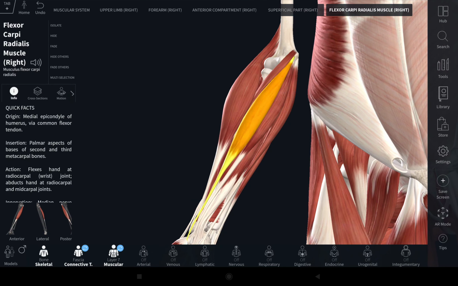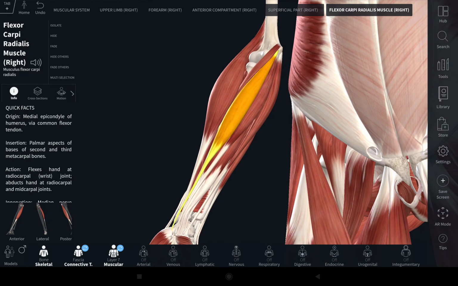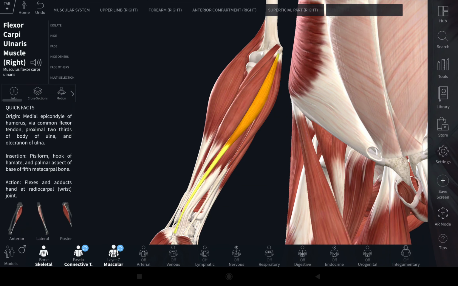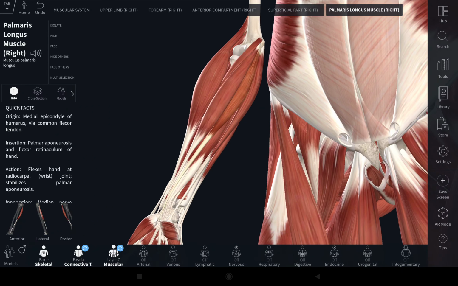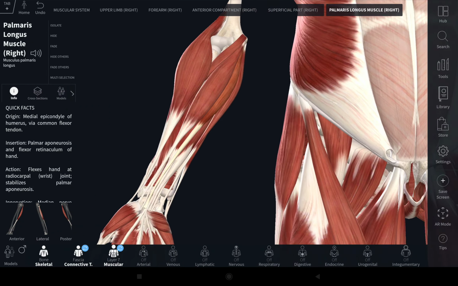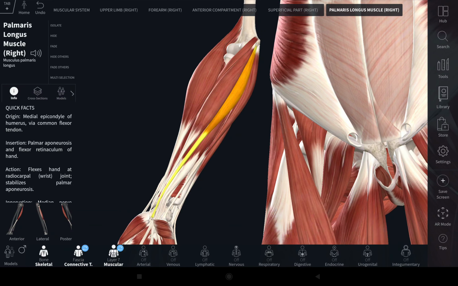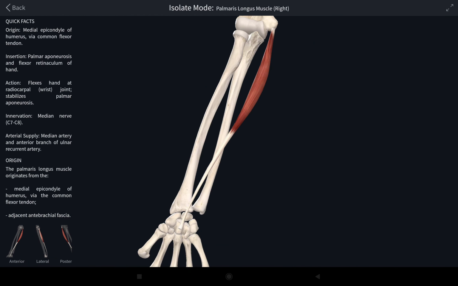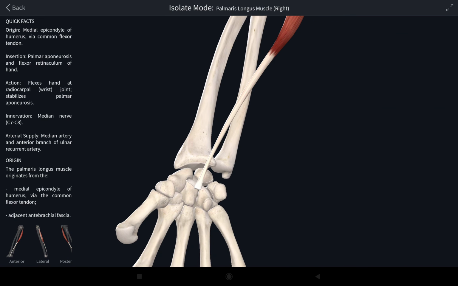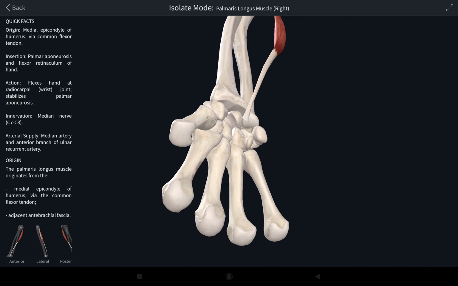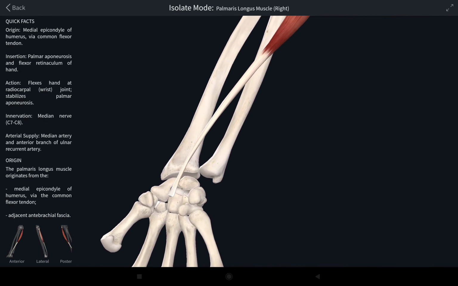Then beside the flexor carpi radialis muscle, here is the palmaris longus muscle. It arises from the medial condyle of humerus and inserts into the palmar aponeurosis and flexor retinaculum of hand.